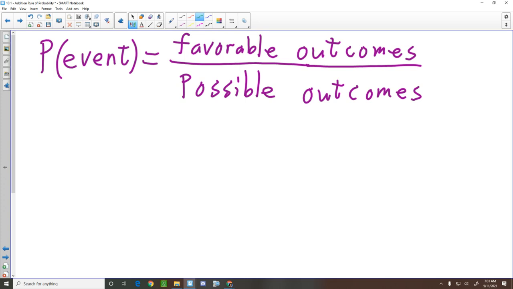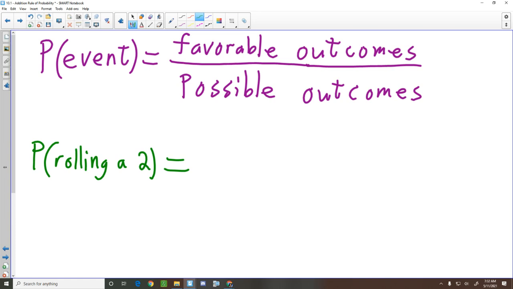Let's actually calculate this. So I'd say P, and then in the parentheses, the event is rolling a 2. And you're just going to make a simple fraction. Well, how many sides on a die have the number 2 on them? Just one, right? There's only one side with the 2.